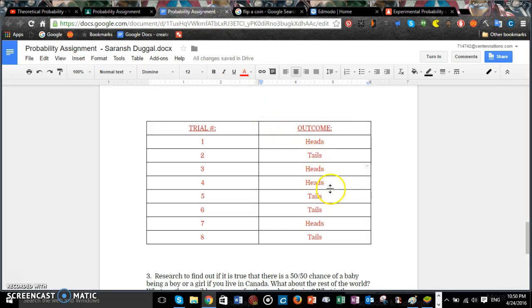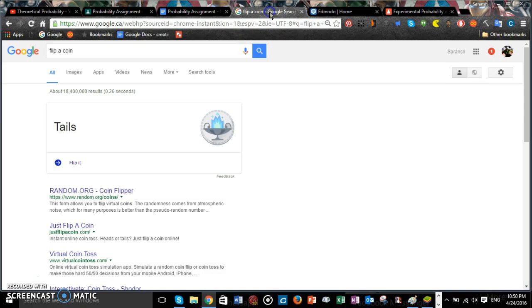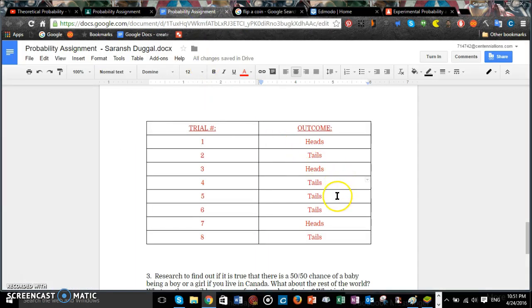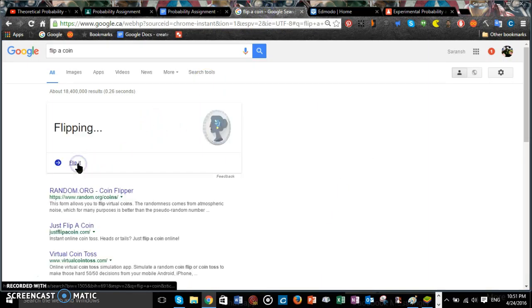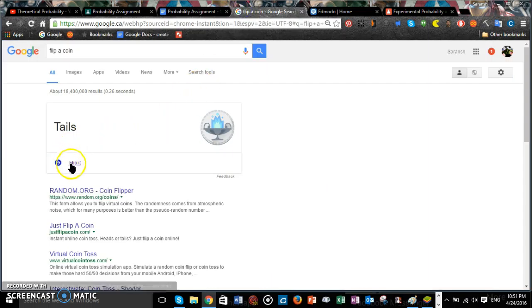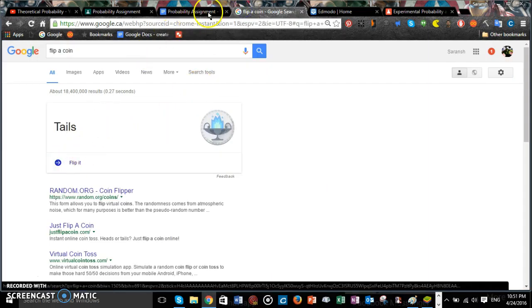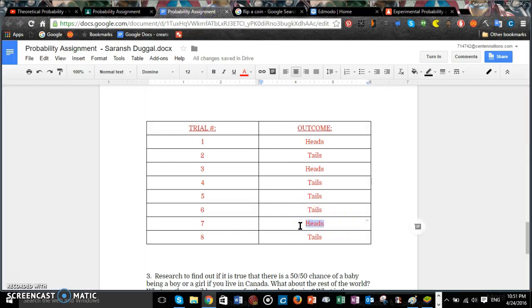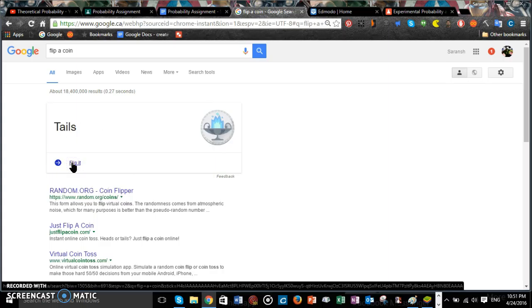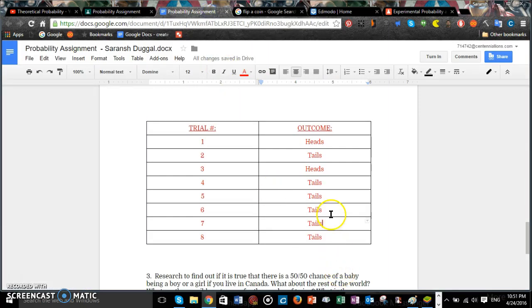Tails. Right now there's a pattern going on: heads, tails, heads, tails. Tails once again, so that's fine. And now we're on the 6th trial, tails once again, so we don't have to change. We're on the 7th trial now. Tails, so we'll have to change. And 8th trial, tails once again.